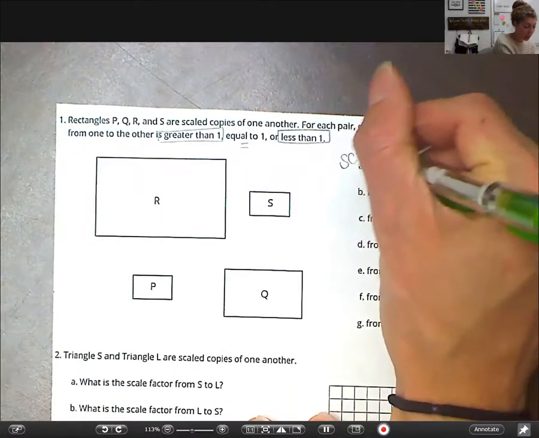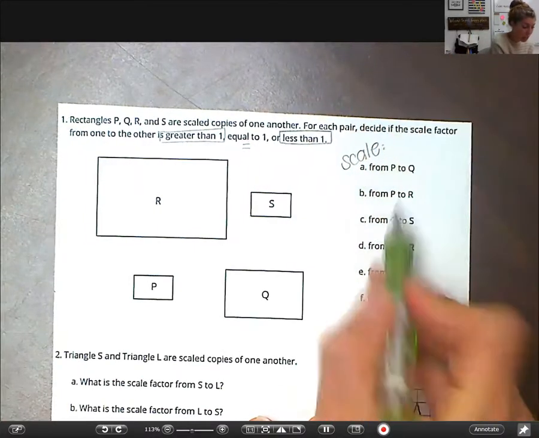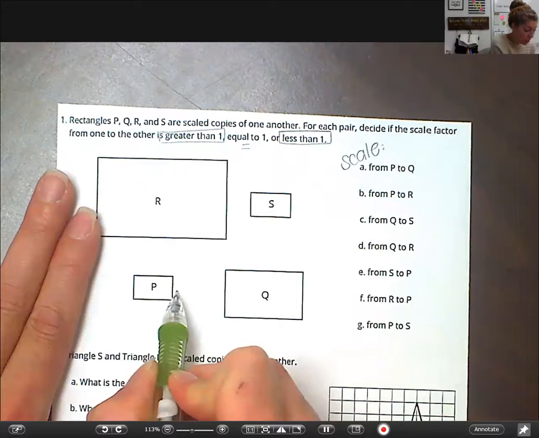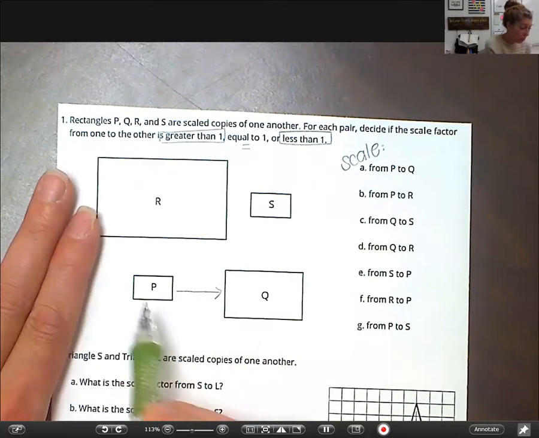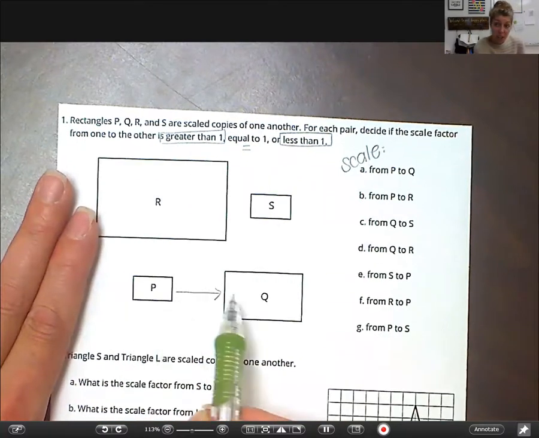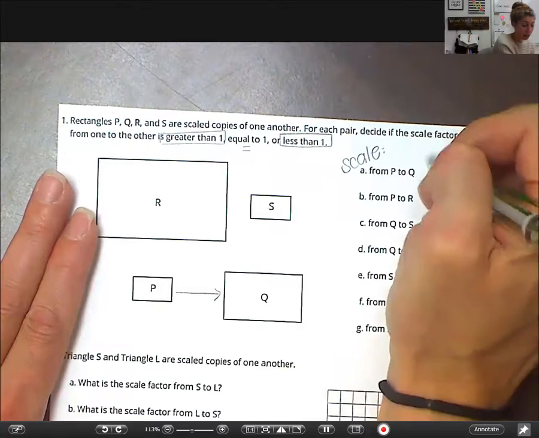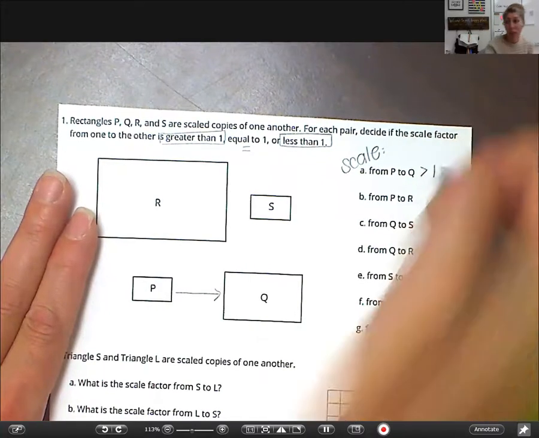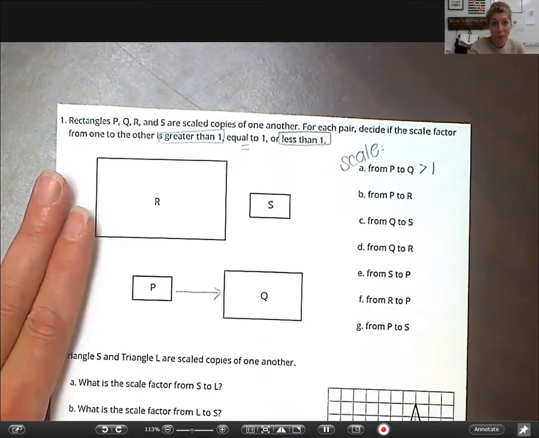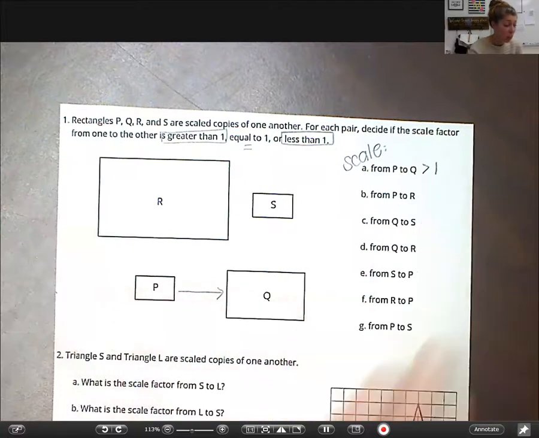I want you guys to do the rest. From P to Q, I'm going to just draw an arrow for myself from P to Q. It got bigger. Therefore, I know that the scale is going to be greater than 1. I want you to do that for B through G. From each shape, one to the other, would you expect to have a scale larger, less, or equal to 1? And then we might do that last one more example together.